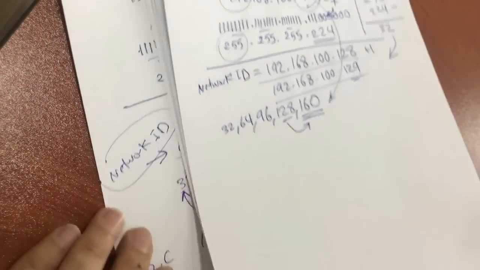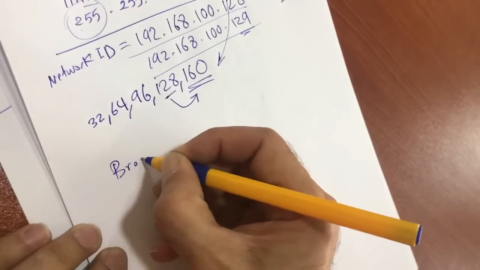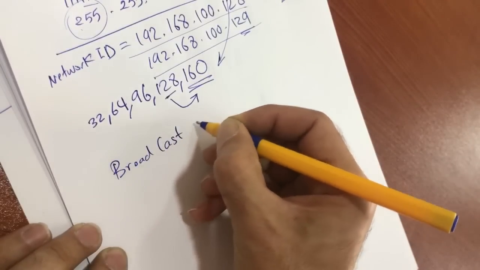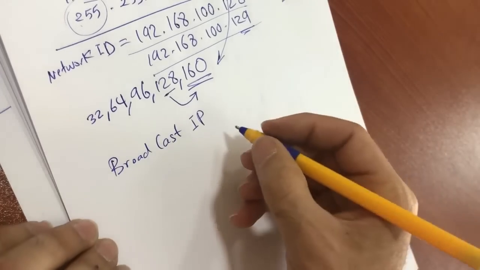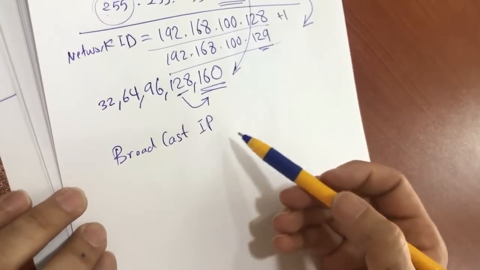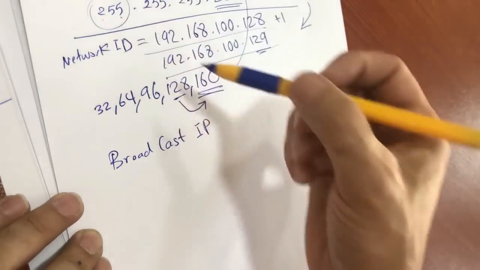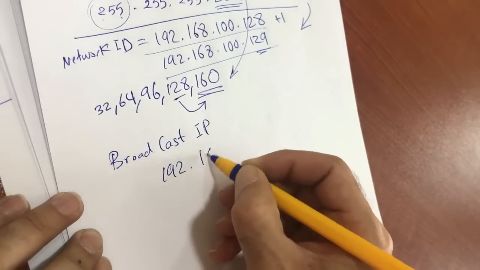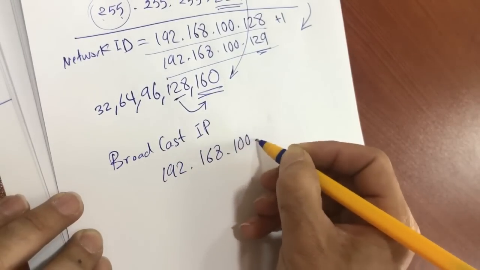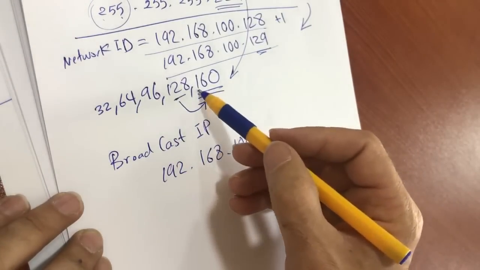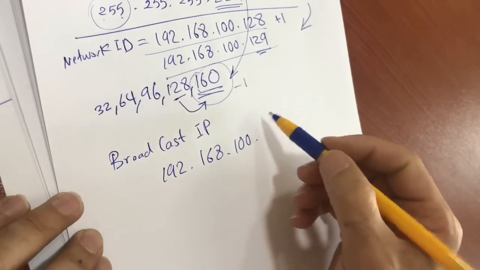If you want to find the broadcast IP or ID, what we do, as I mentioned before, if you have 255, we just use 192.168.1.100, and we use the last number minus 1, and we put it there.